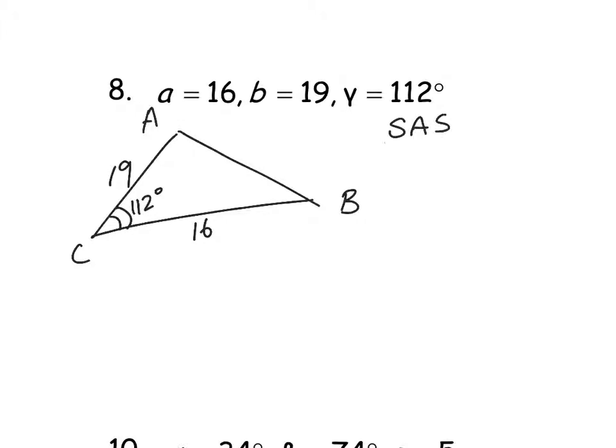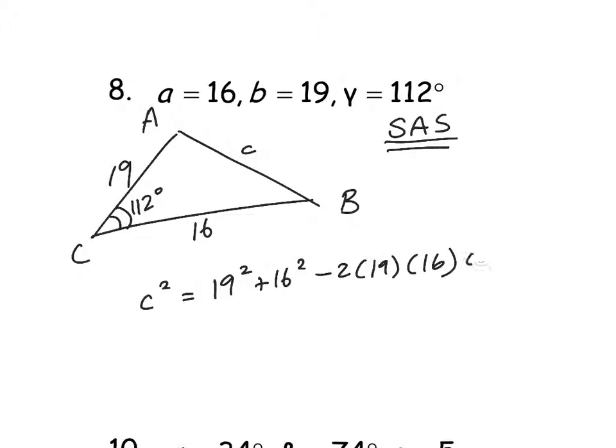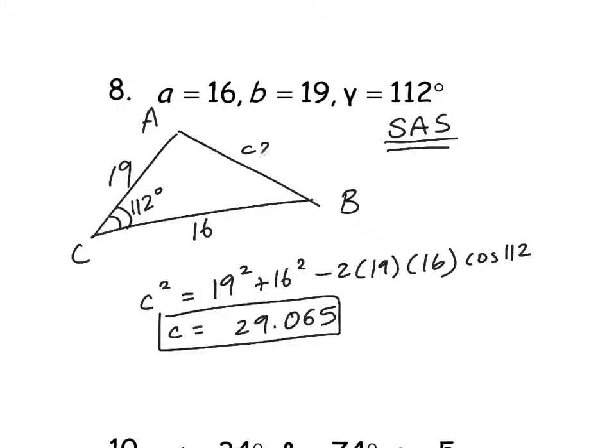I'm going to use law of cosine to help me find the measurement of the side that's missing. So C squared is equal to 19 squared plus 16 squared minus 2 times 19 times 16 cosine angle 112. So C is going to be 29.065. That's the missing side.